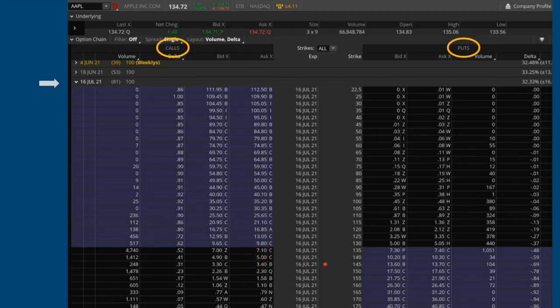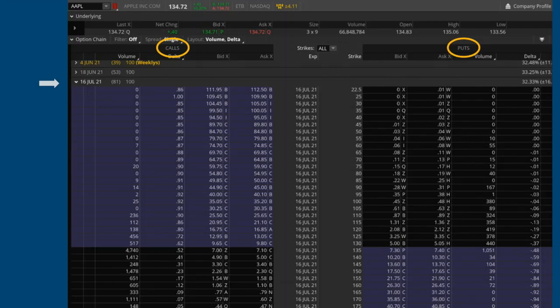Now, let's say I owned 100 shares of Apple stock, and I bought it at maybe 110 or 100 or whatever, but it's gone up to 135. I'm hearing rumblings, the price hasn't really moved, and I'm concerned it's going to go down. Well, I have the ability to come over here and buy a put option. I could buy a 130 put for $5, and this would give me the right to sell at 130 no matter what happens.